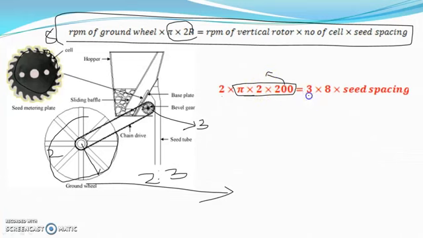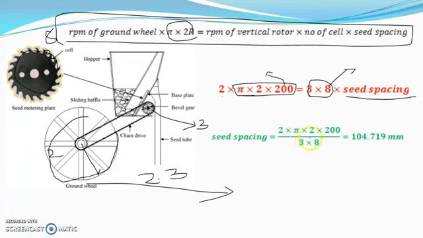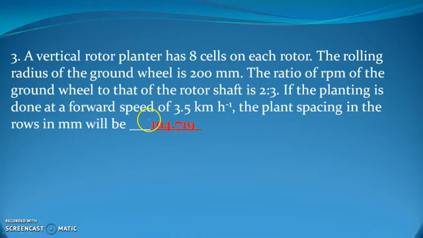Then the rotor will rotate 3 times, and it will give 8 cells, so 3 into 8 seeds, into seed spacing. That should be equal to this. From there you can find that the seed spacing will be 104.719. Therefore the answer to the problem is 104.719 millimeter seed spacing.